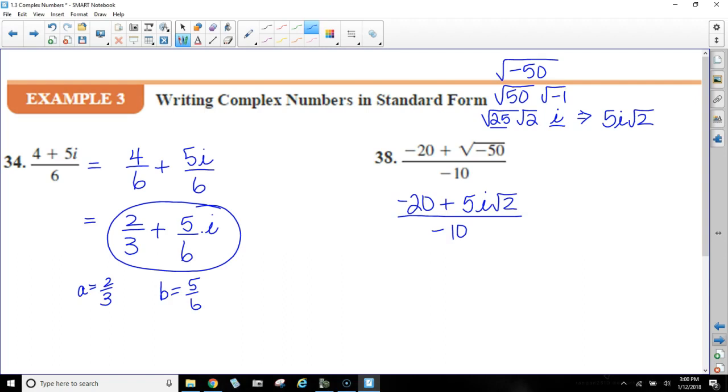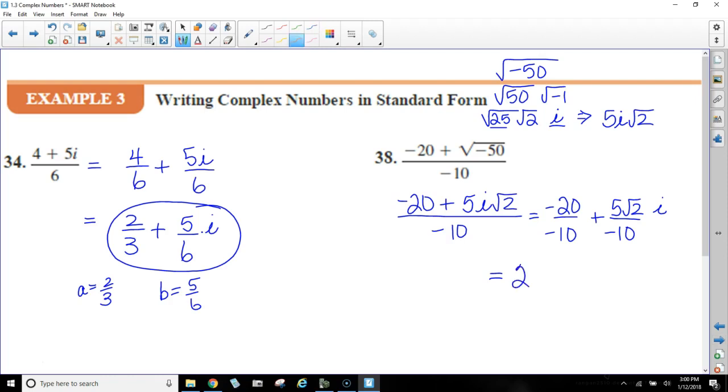Next, like we did on number 34 to the left, we're going to split the fraction. So we have negative 20 over negative 10 plus 5 square root of 2, and then I'll bring the i over here, over a negative 10. That way it's somewhat in the form a plus bi, and it will be once we clean that up. Negative 20 divided by negative 10 is a positive 2.